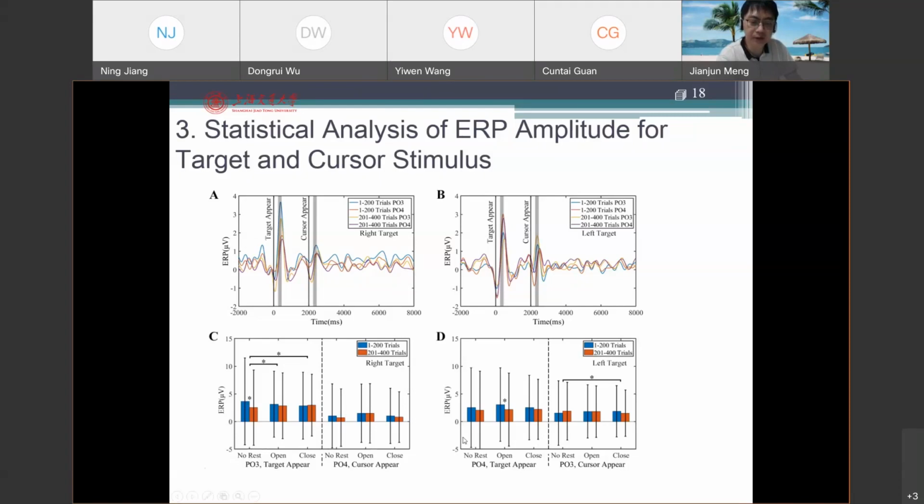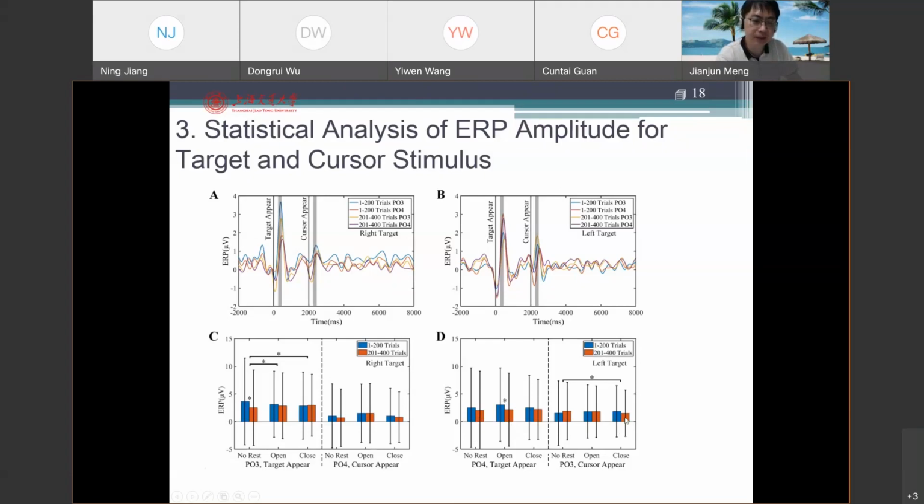However, for the left target, the analysis of the ERP amplitude in the contralateral PO4 didn't show significance in the no rest condition. Instead, it showed a significant difference in the eyes open sessions.